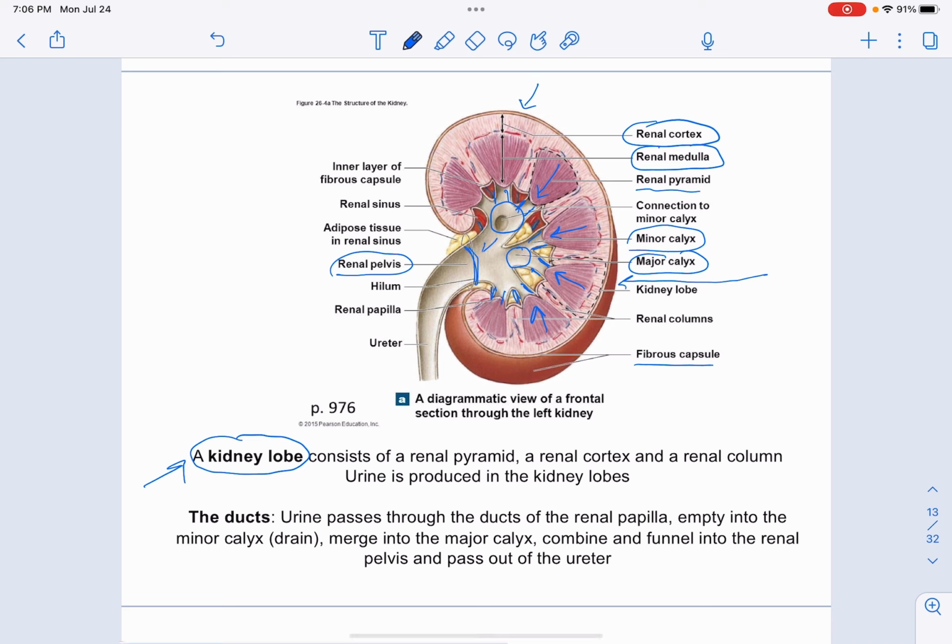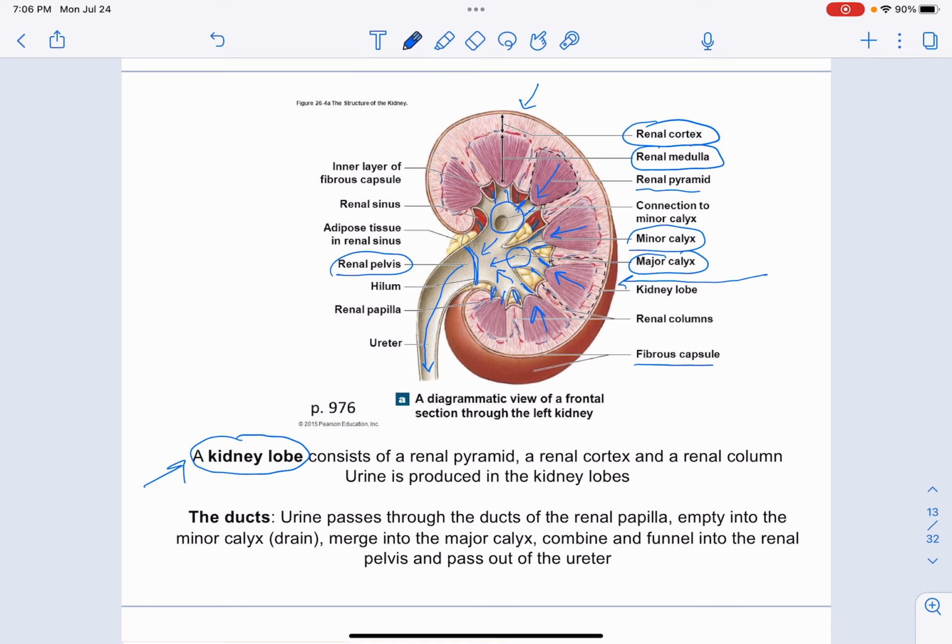So again, urine's going to be flowing this way. It's going to then dump into the renal pelvis, where it'll make its way down the ureters. That's essentially how urine is going to leave the kidneys.